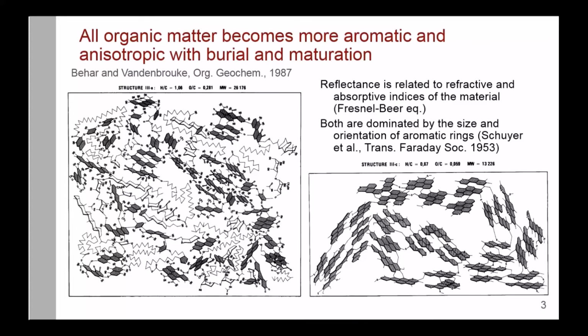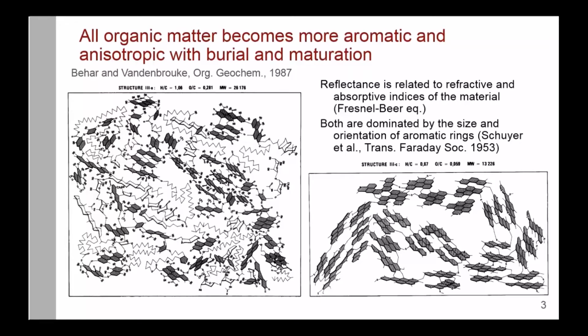Now, the reflectivity of any material is related to the polarizability of the constituent molecules, and aromatic materials tend to be quite polarizable. You can relate both the refractive index and the absorption to the electronic spectrum, and the Fresnel-Beer equation is what you can use then to calculate those parameters.